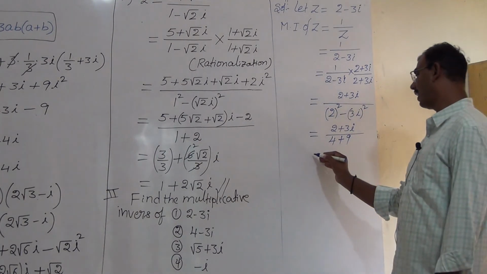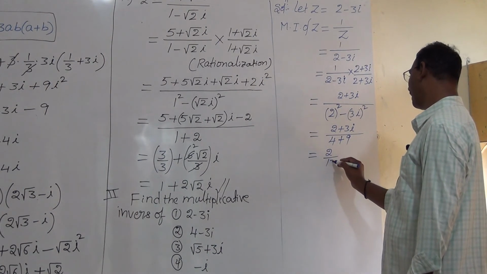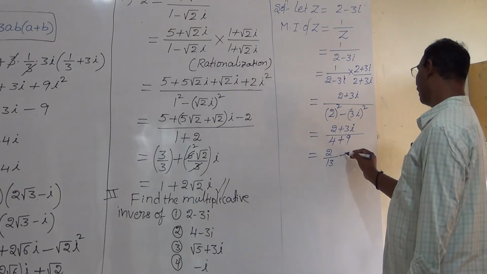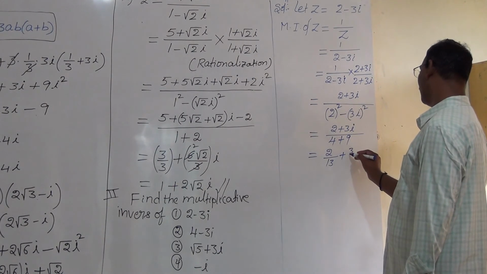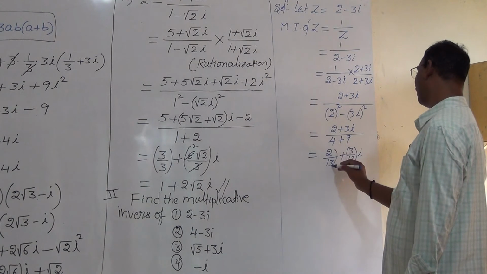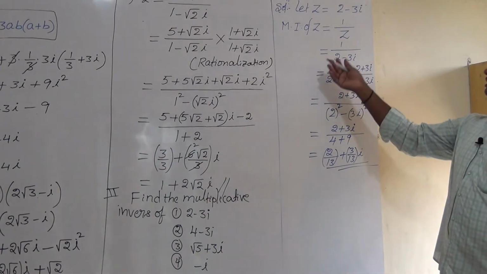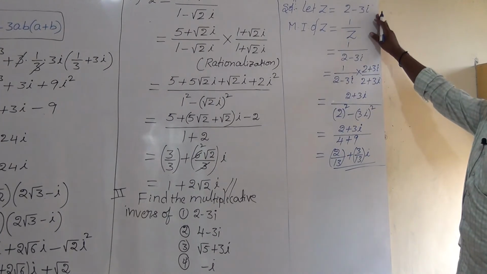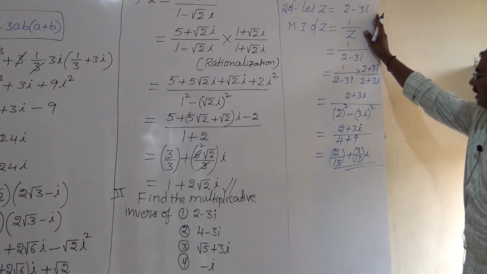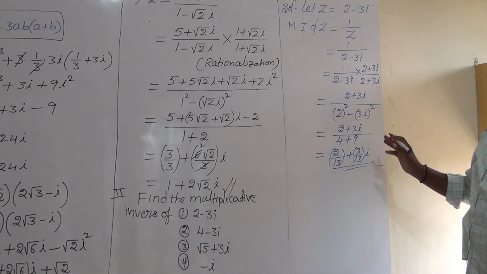So we can write in the form of a plus iota b: 2 divided by 13, plus 3 divided by 13 into iota. So this is in the form of a plus iota b. What is the multiplicative inverse of 2 minus 3 iota? 2 upon 13 plus 3 upon 13 iota.